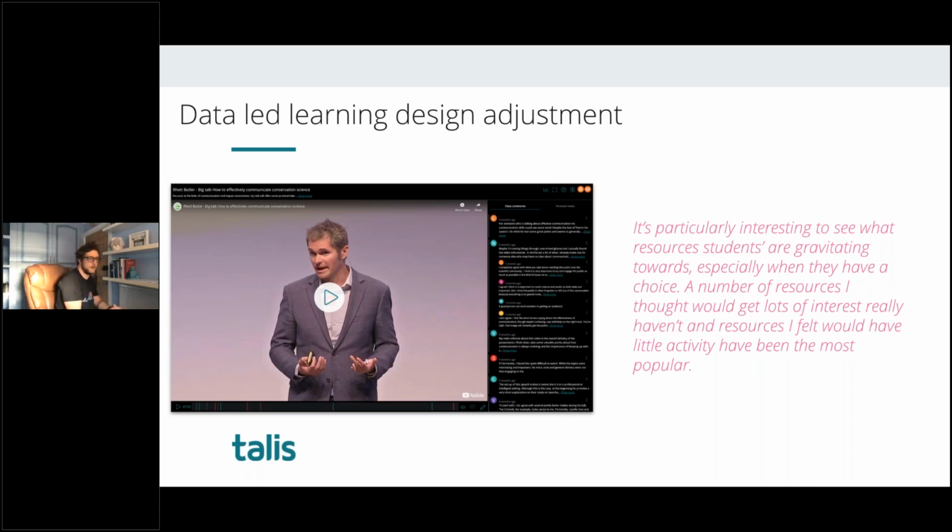And actually, what was really pertinent for me here was that Toby's expectation of what was going to be popular for students wasn't reality. I suspect that is the case in a number of different areas that we teach in, and it probably varies quite significantly year in, year out with different cohorts of students, although I'm yet to prove that.